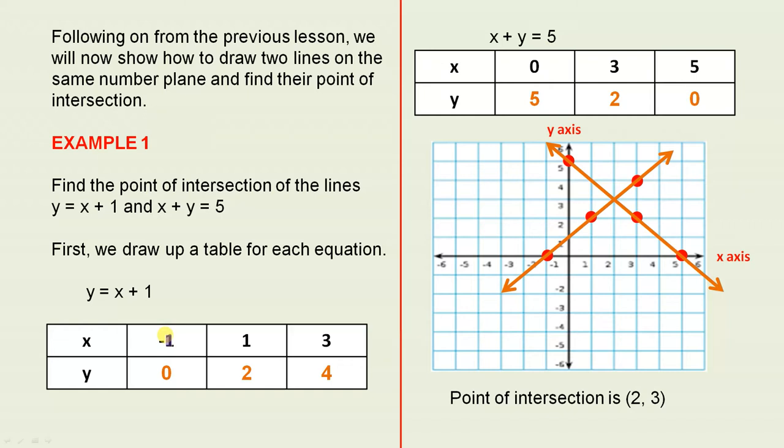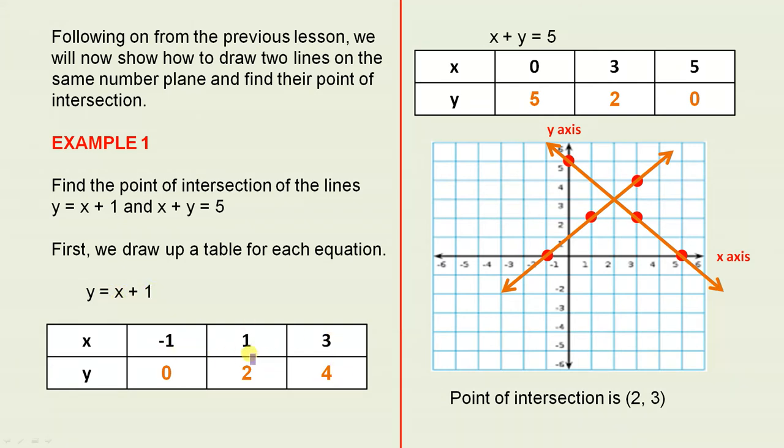So when x equals -1, y equals -1 plus 1, which is 0. When x equals 1, y equals 1 plus 1, which is 2. And when x equals 3, y equals 3 plus 1, which is 4.